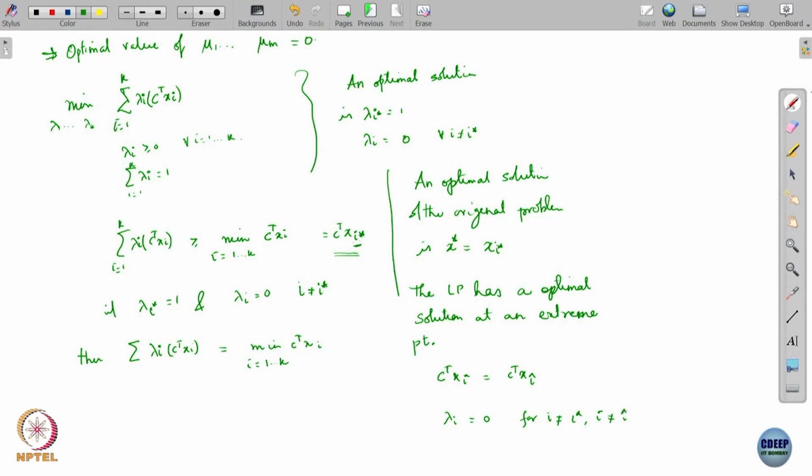So, if it is not i hat or i star, then it is 0, and the other two, that means i star and i hat, are chosen to be greater than or equal to 0 and sum to 1.